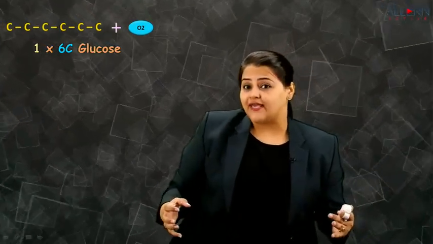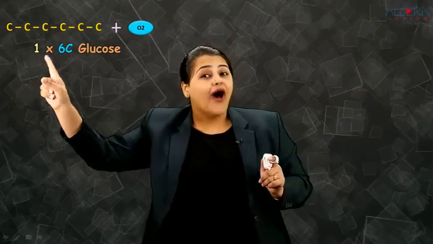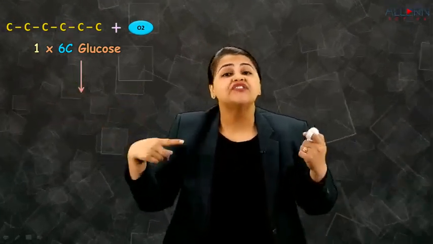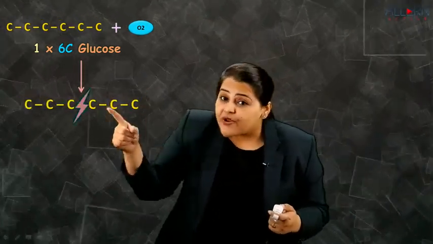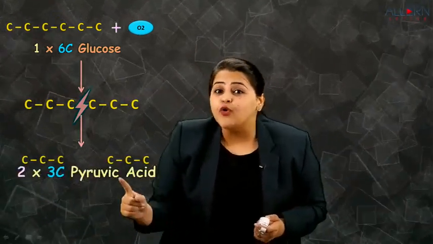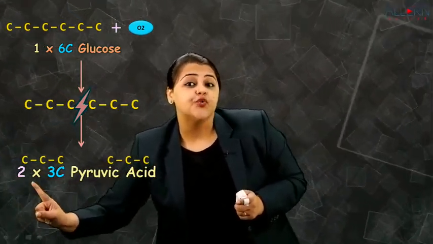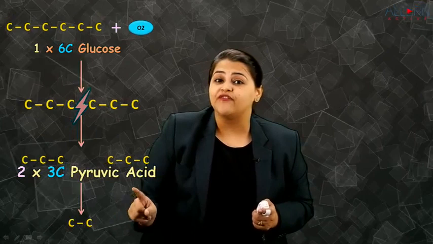Now, when you talk about an entire flow sheet of glycolysis and the link reaction, we have 6-carbon glucose reacting with oxygen and a lot of enzymes. So we have 1 molecule of glucose, which is a 6-carbon molecule, breaking down as 3-carbon pyruvic acid. So how many molecules? We have 2 molecules of 3-carbon pyruvic acid.